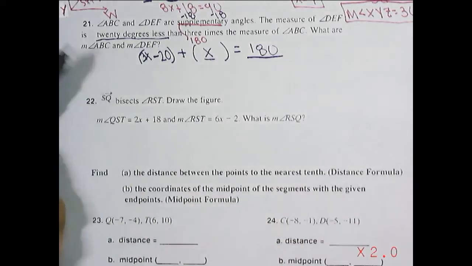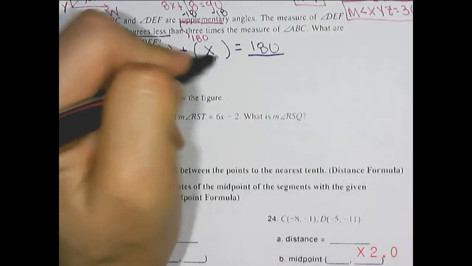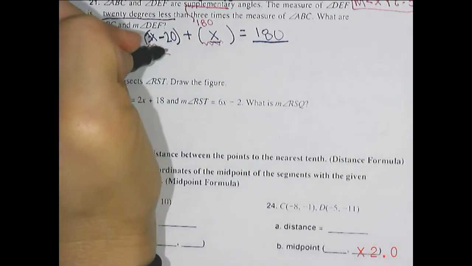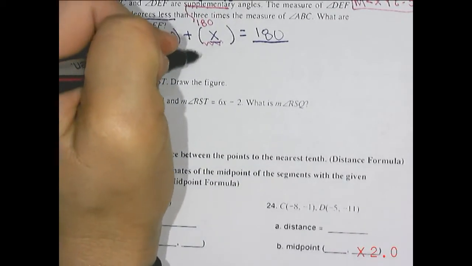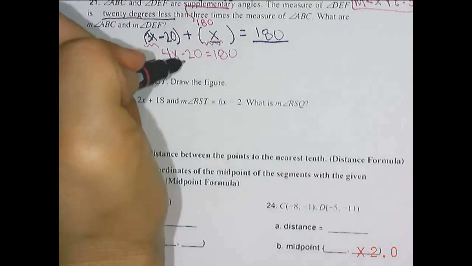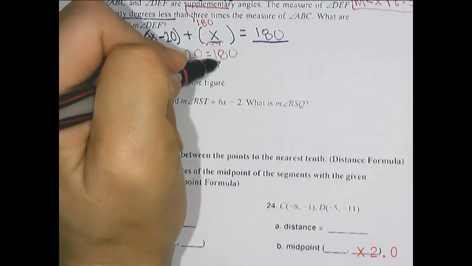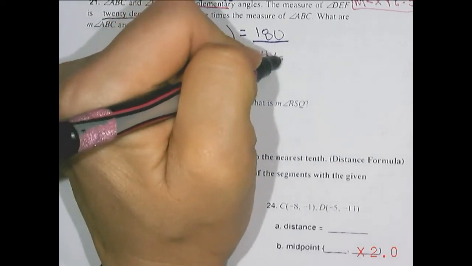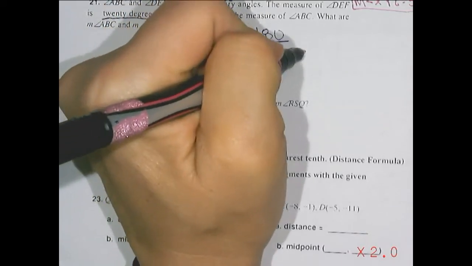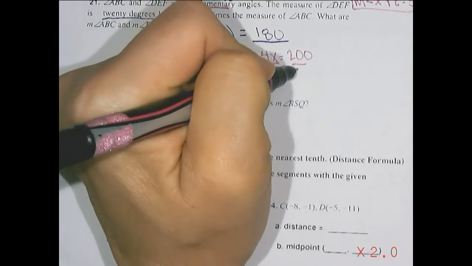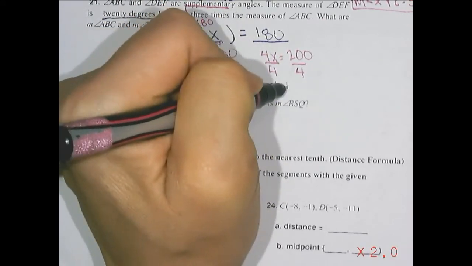So the next thing you would want to do in solving this would be to actually solve it. We're going to combine like terms and end up with 4x minus 20 equals 180. I want to get that 4x alone, so I'm going to add 20 to both sides. I will have 4x equals 200, and then I need to divide by 4 to get my x alone, and I will get x equals 50.